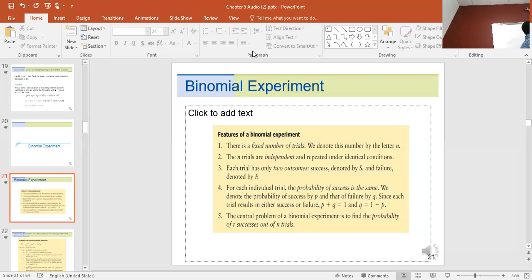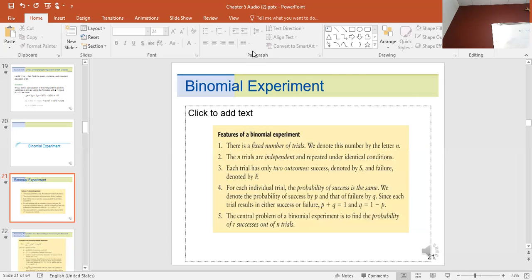To use your calculator, you will go to second function. You will see DISTR, which is for distribution. Then you will choose binomial PDF.